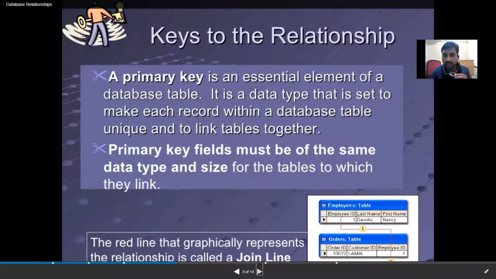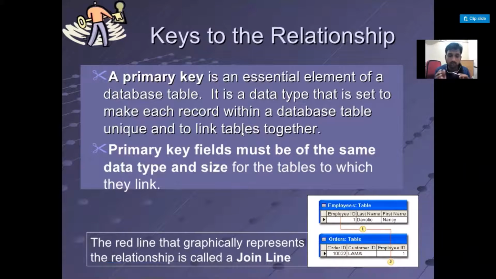So here, to create a relationship, primary keys play an important role. A primary key is an essential element of a database table. It is a data type that is set to make each record within a database table unique and linked to the tables. So with the help of a primary key, I can create a link between one table and another table.